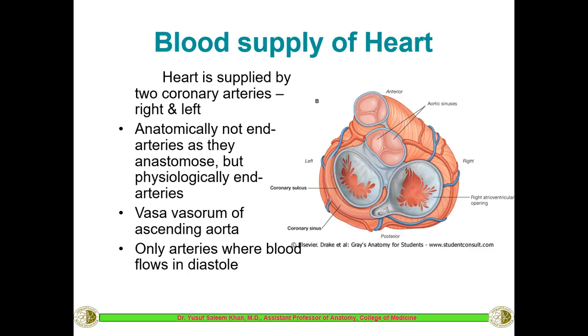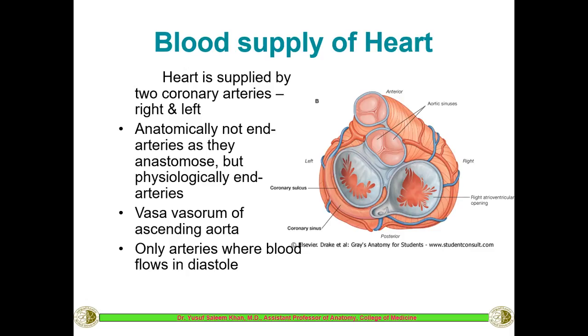Anatomically, they are not end arteries, because they anastomose with each other, the right coronary artery anastomosing with the left coronary artery. But physiologically they are end arteries, because even though the branches anastomose, it is not complete. If there is a blockage in one coronary artery, the other artery should compensate, but it does not compensate as expected.